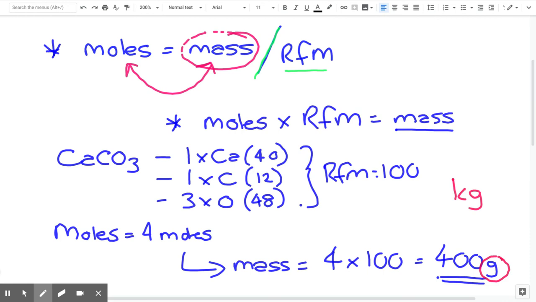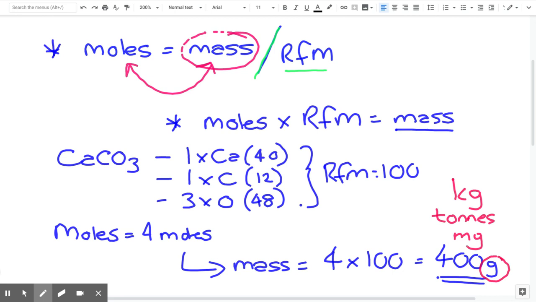I have seen over the years questions in tons, and in some biological contexts, milligrams, which are smaller than a gram. But again, just be aware of your prefixes to your units. But by standard definition, RFMs are in grams.